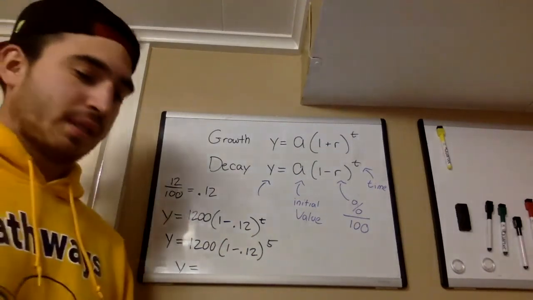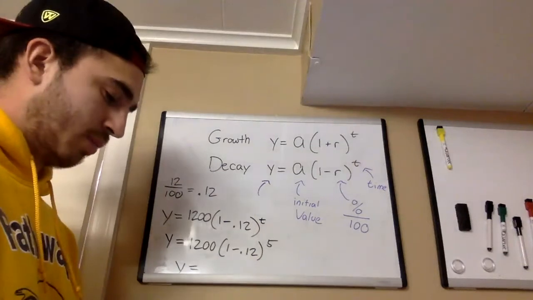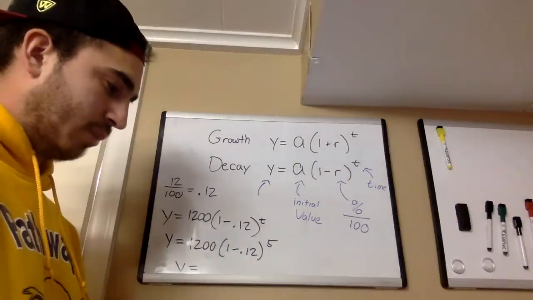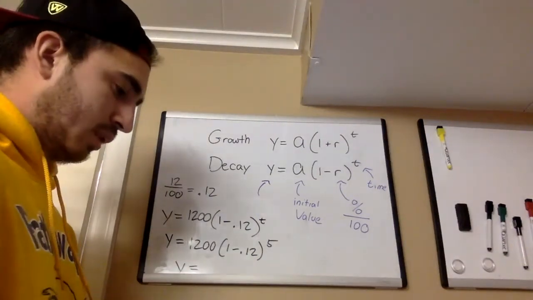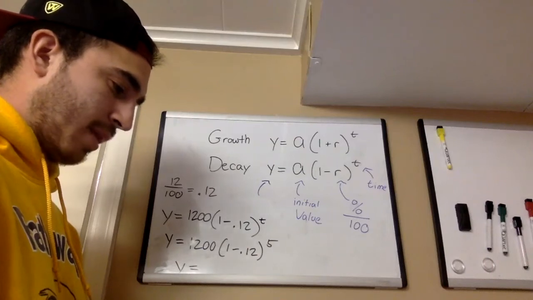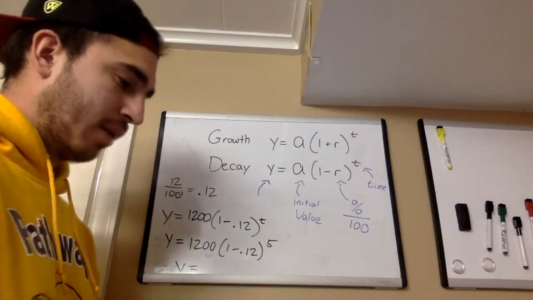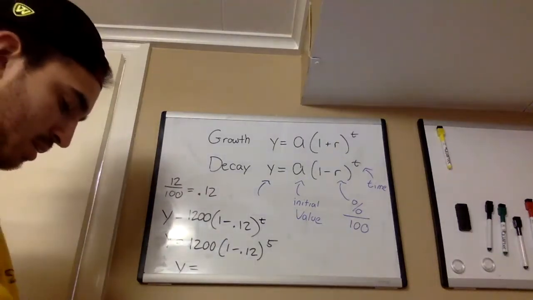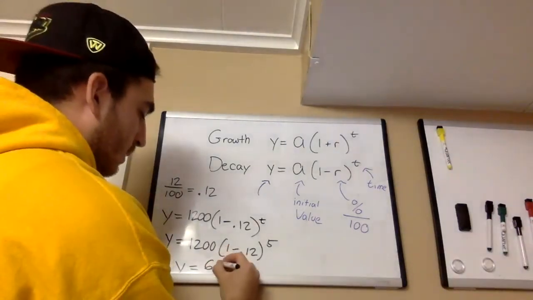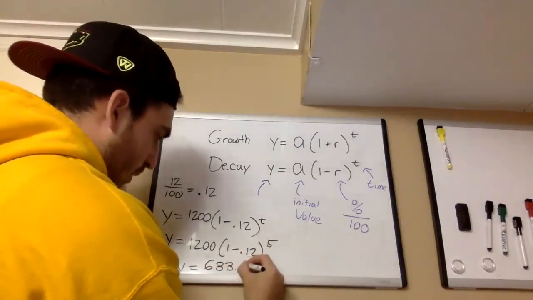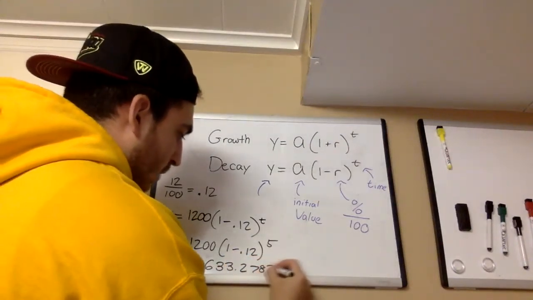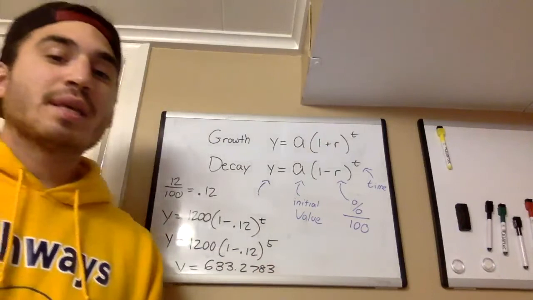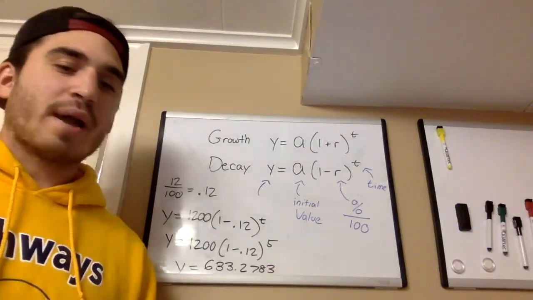So if I plug this into the calculator, I get 1200(1 minus 0.12)^5, and you end up getting 633.2783.